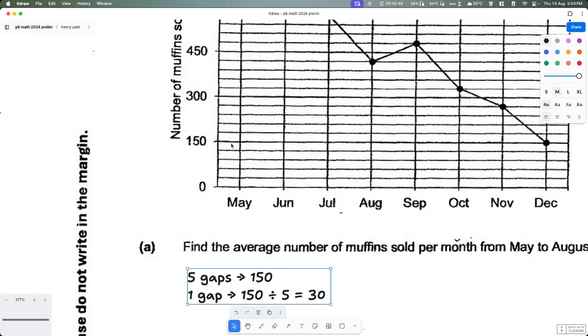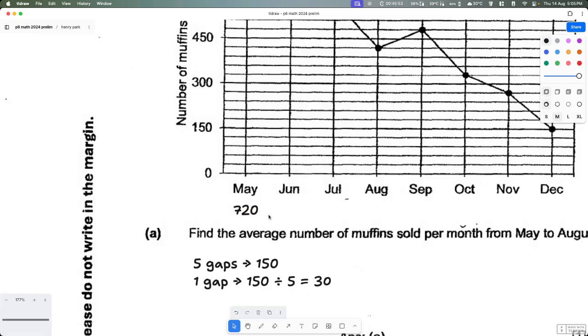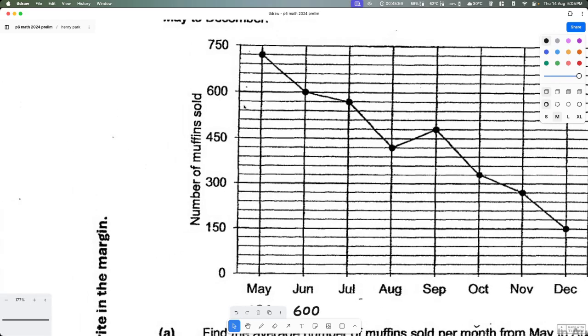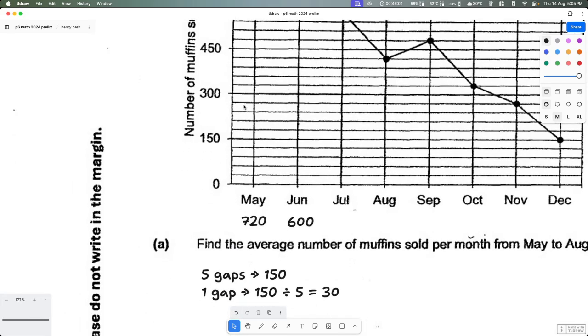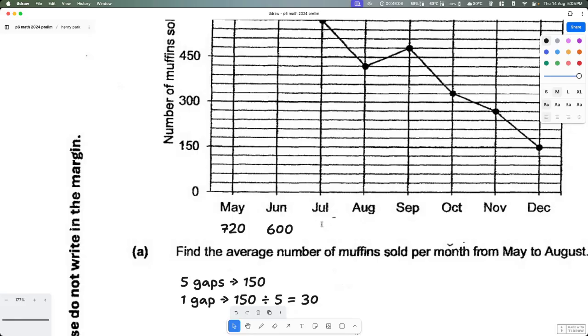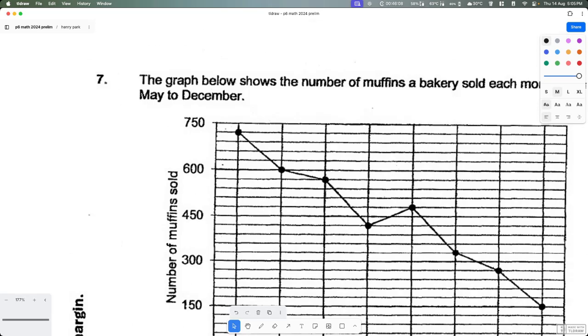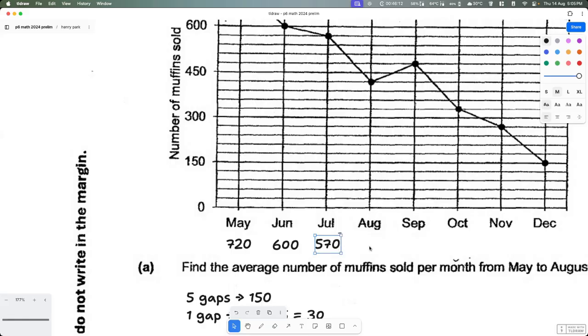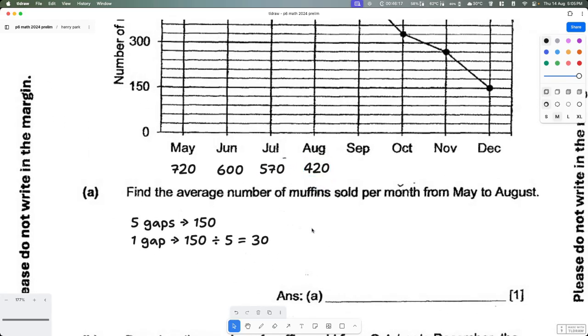Now we can calculate from May to August how many they have. May will be 720, right? June will be 600. July will be 570. And August will be 420. Right, so now we can get the average.